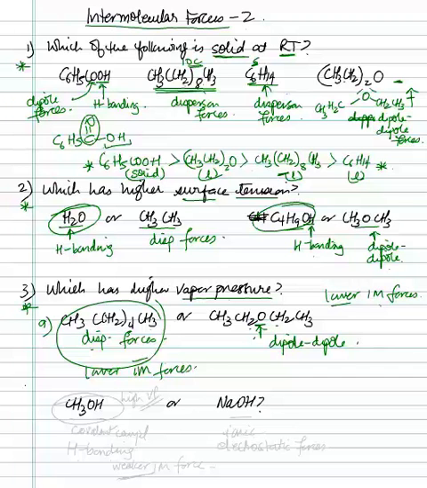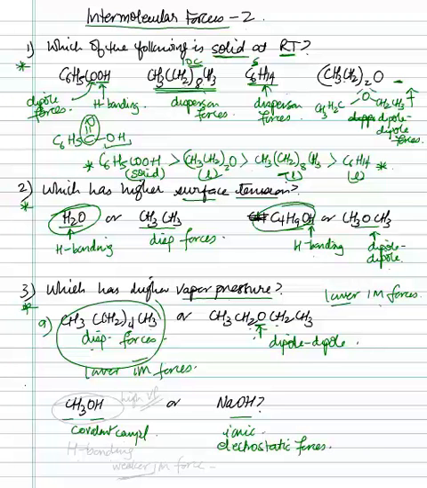All right, in the next case we have CH3OH or NaOH. CH3OH is a covalent compound, whereas NaOH is actually an ionic compound. In an ionic compound, the forces that you have are what we call electrostatic forces, and electrostatic forces, as you know, are very, very strong.